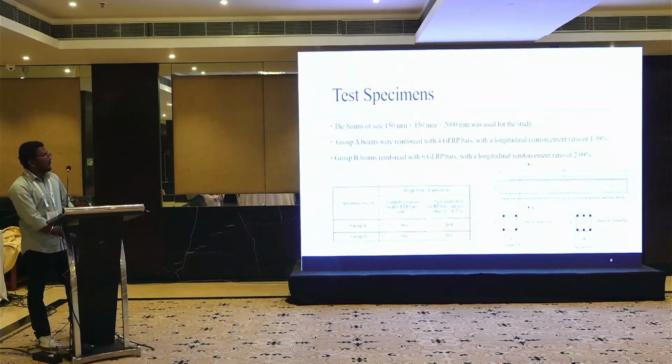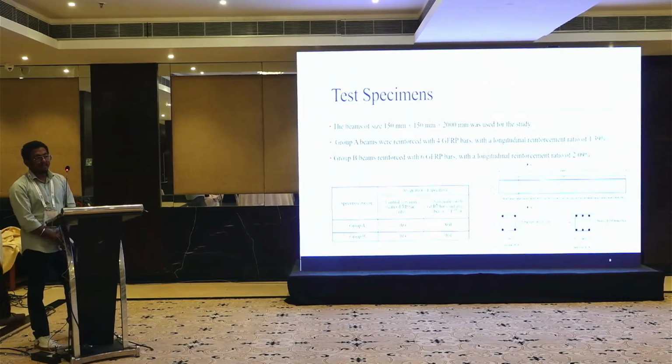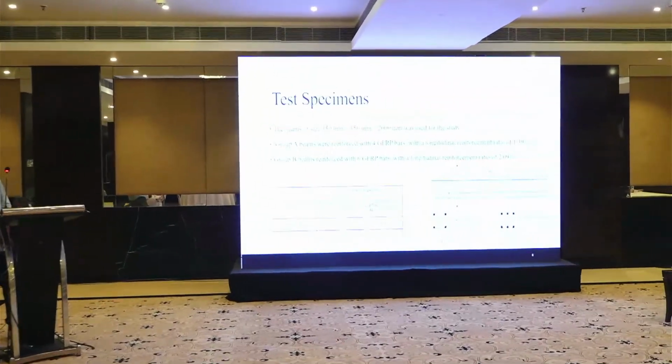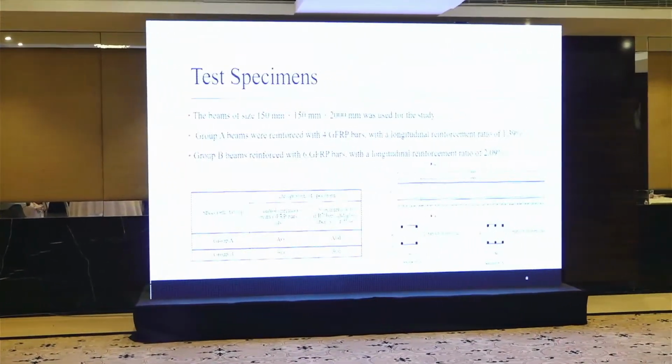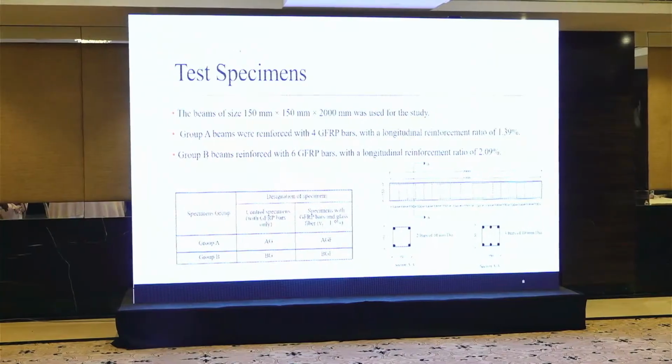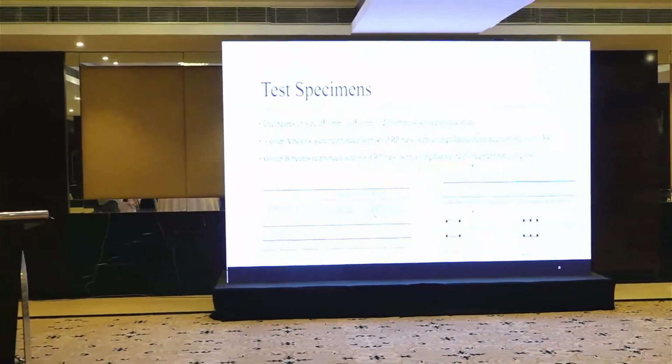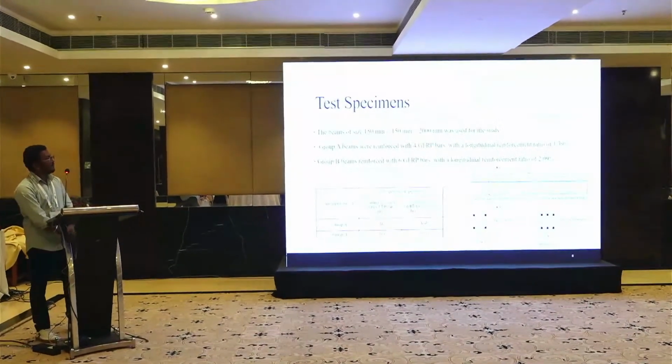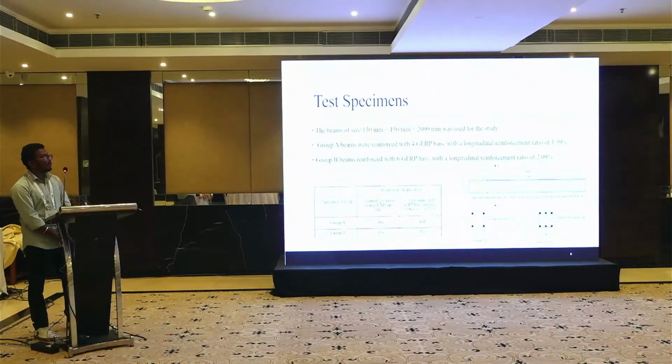Our literature review told that increasing GFRP reinforcement enhances the load carrying capacity of the beams. So in group A, 4 GFRP bars with a longitudinal reinforcement ratio of 1.39% have been used, while group B beams are reinforced with 6 GFRP bars, 3 at top and 3 at bottom, with a longitudinal reinforcement ratio of 2.09%.